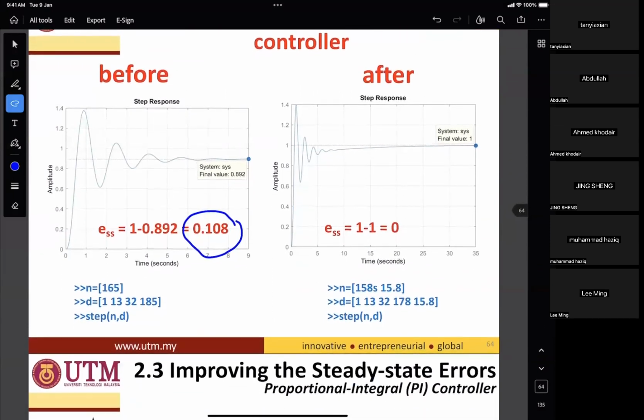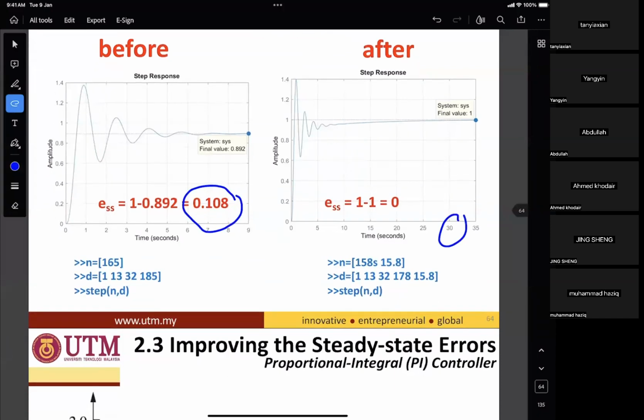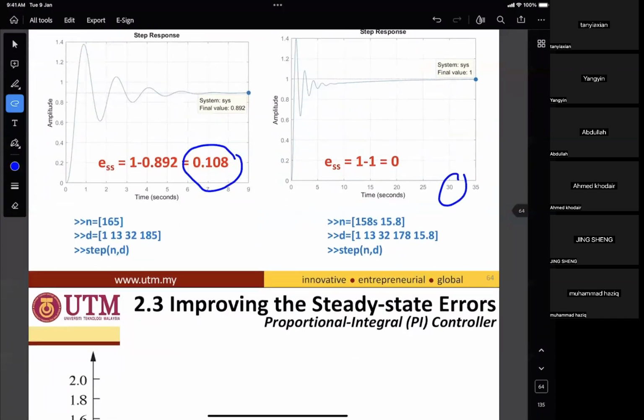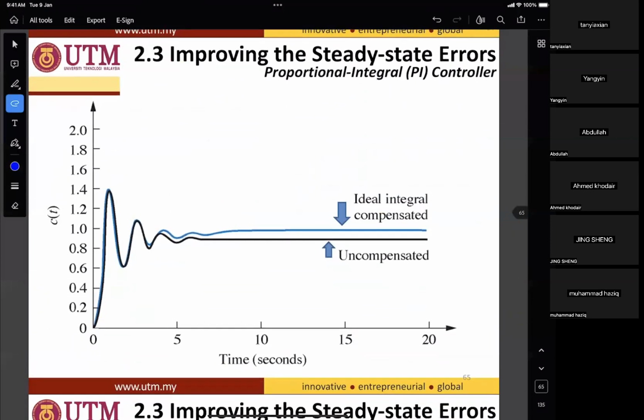So it proves that the PI controller has reduced the error from a finite value of 0.108 to 0. But you can see that it takes about 30 seconds before the steady state error becomes 0. It is quite slow to reduce the error, but it will become 0. That's why PI is a good approach to reduce the steady state error.